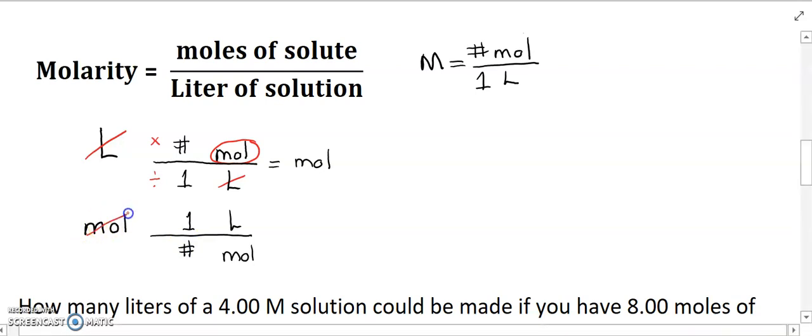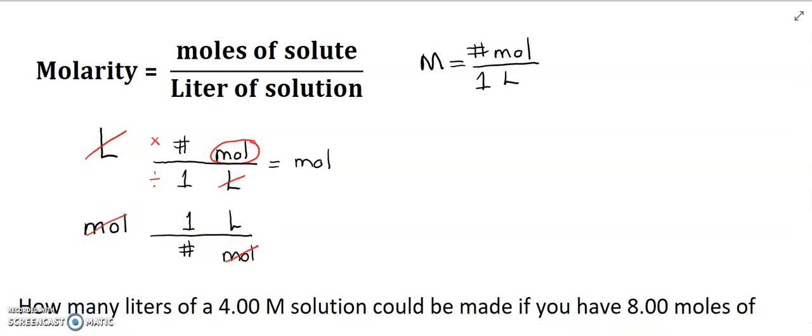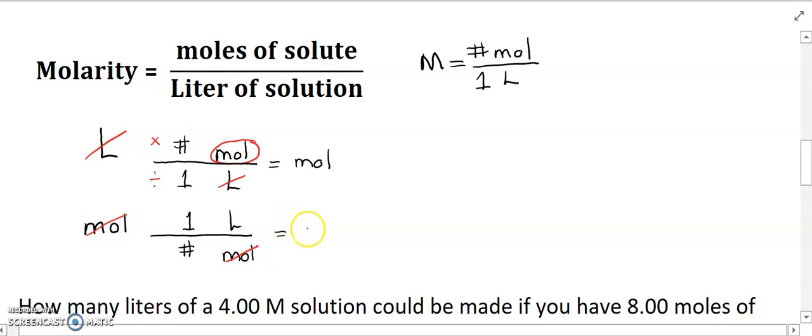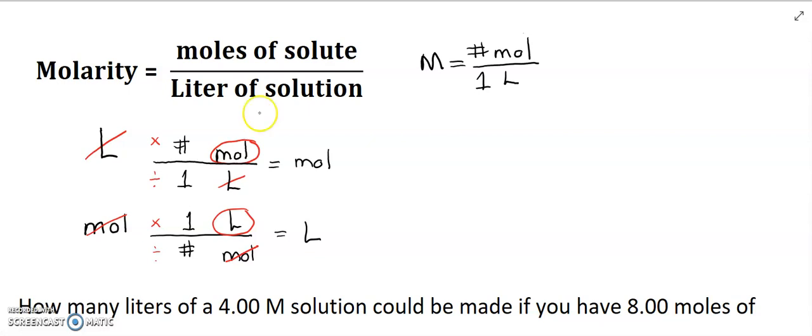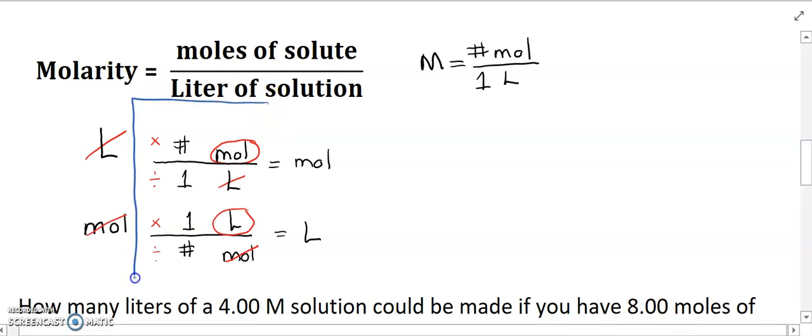This would cancel out moles and leave me with liters. So if I treat molarity as moles per liter, I end up with a conversion factor that works much better than if I'm just trying to use the capital M.